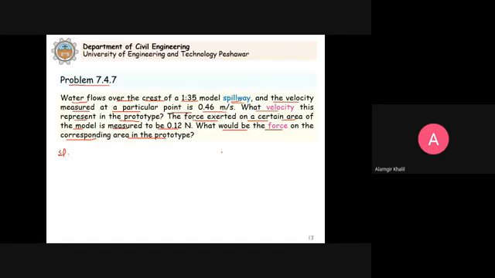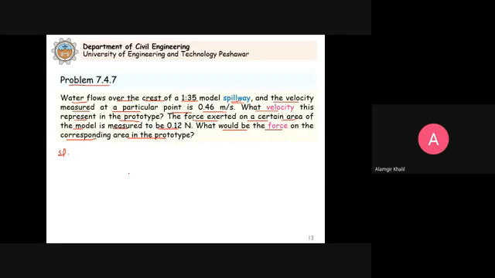It is not directly given in the problem that you consider the Froude number for dynamic similarity, and if the model velocity is this much, what will be the velocity in the prototype. So we first determine as a first step that gravity and inertia govern this flow. So the Froude number criteria must be satisfied.